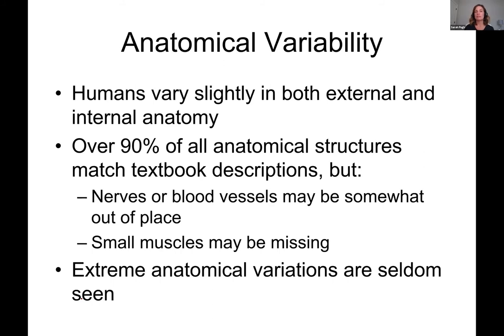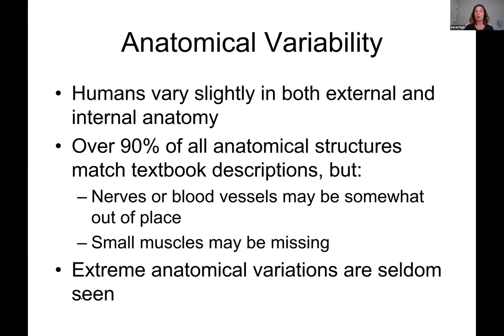And a lot of times, there are some small structures in our body that don't always match the textbook description. I would say about 90% of the time, all the organs in our body look like the textbook description, but 10% of the time they don't.